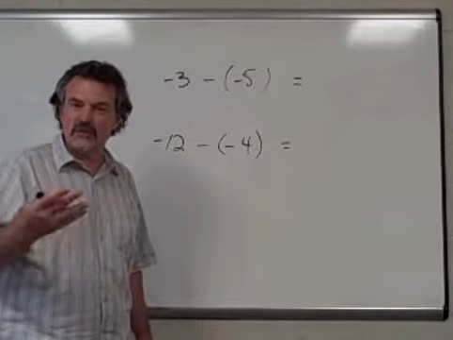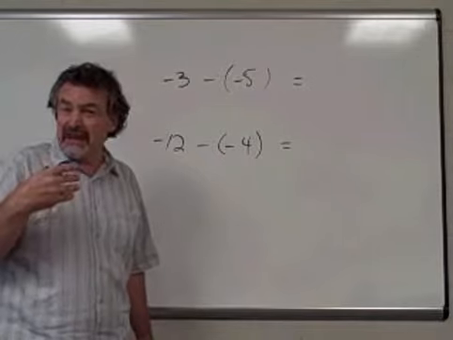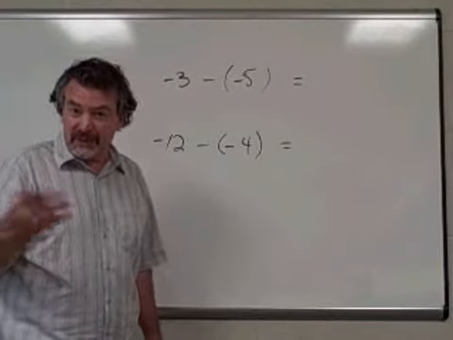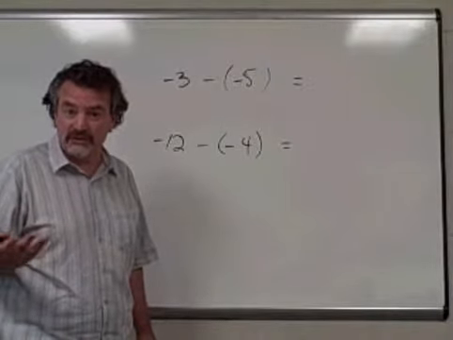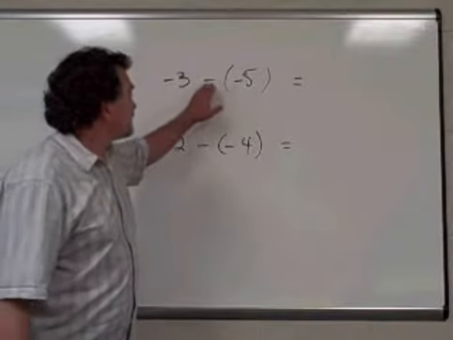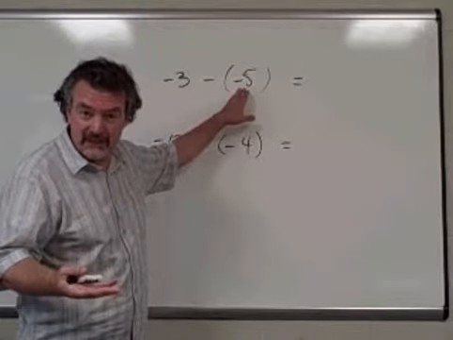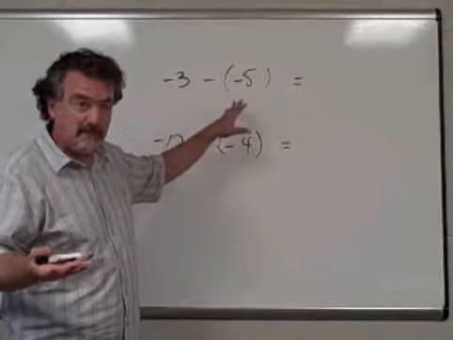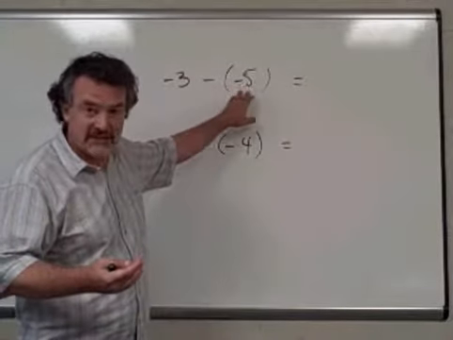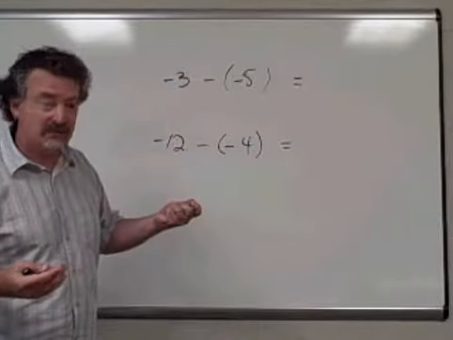If somebody takes away that you owe money, they took away your debt. Didn't they actually give you something by taking away that money that you owed, by taking away your debt? So subtracting a negative really takes away a negative, which in effect is a plus. It took away a debt of 5, which in effect was like giving us 5.